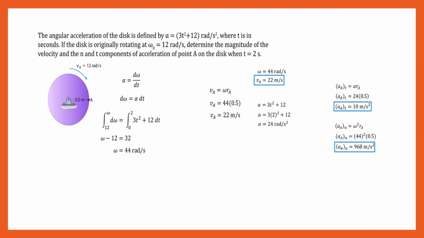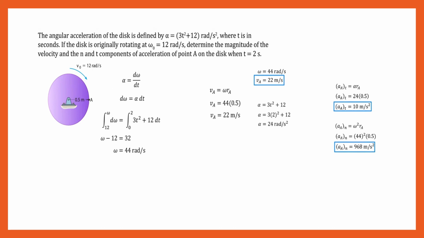Now that we know the angular acceleration, we can find the tangential and normal components. For tangential acceleration, remember we use the angular acceleration, and for normal acceleration, we use the angular velocity. All we need to do is use this equation and plug in the values.